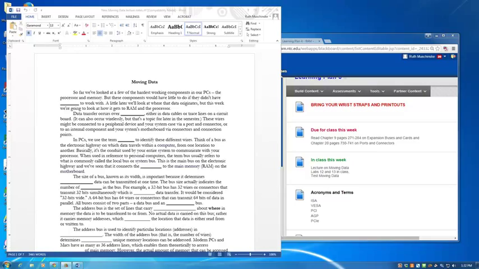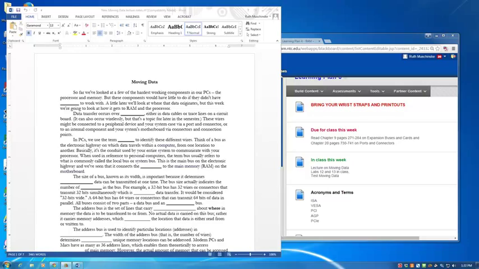In PCs, we use the term bus to identify these different wires. Think of a bus as the electronic highway on which data travels within a computer from one location to another. Basically, it's the conduit used by your entire system to communicate with your processor.